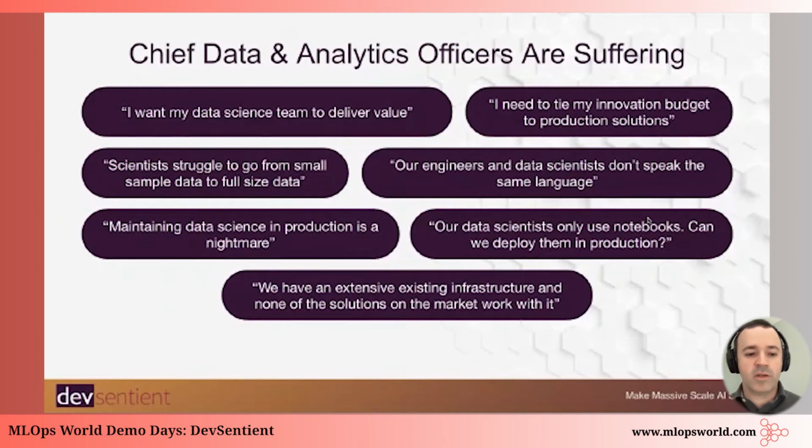They're great at generating amazing POCs that prove that machine learning and data science can do great things for their company. Where a lot of the challenge lies is going from that experimentation phase all the way to production, all the way to deployment, and being able to support the work once it's deployed. And so that is the problem that we've set out to solve.